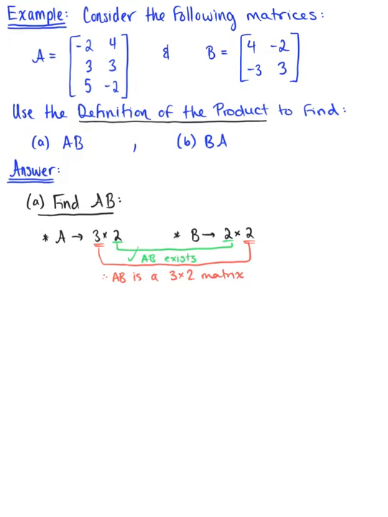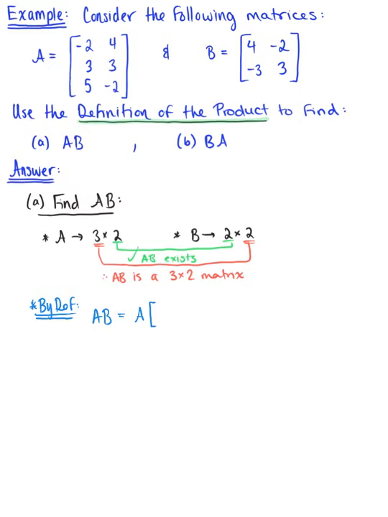Now we want to be mindful that this question is specifically asking us to use the definition of the product. So we want to be sure to use the formal definition here for good practice. Keeping the sizes of these matrices in mind, let's recall the definition. By definition of the product, matrix A times matrix B, we're going to leave matrix A as it is, but let's rewrite matrix B in terms of its column vectors.